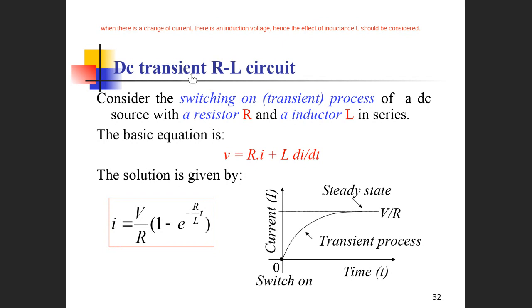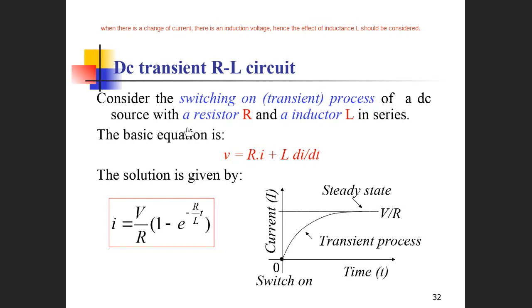In the transient process, both the resistance R and the inductance L affect the current. In the DC circuit itself, the inductance L does not produce induction. That is the steady state process.